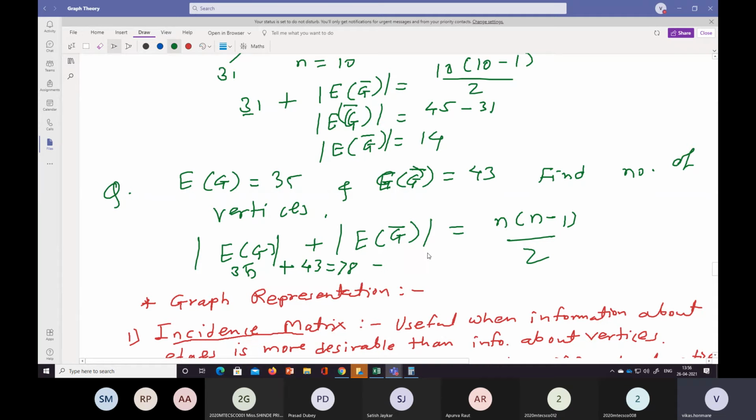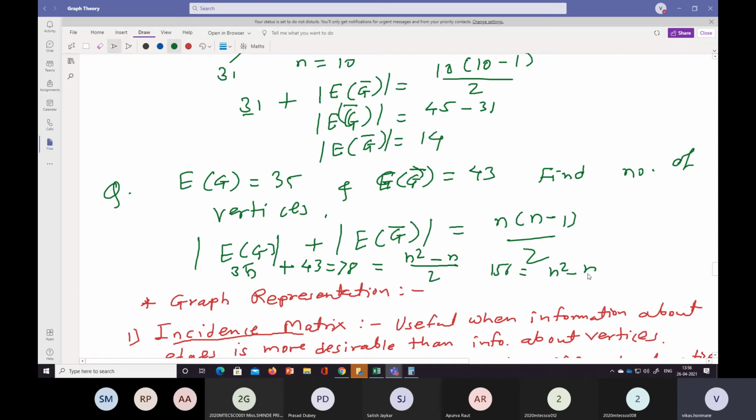which is equal to n into n minus 1, meaning n square minus n, by 2. Okay. So 2 we shift to this side, which is 156 is equal to n square minus n.